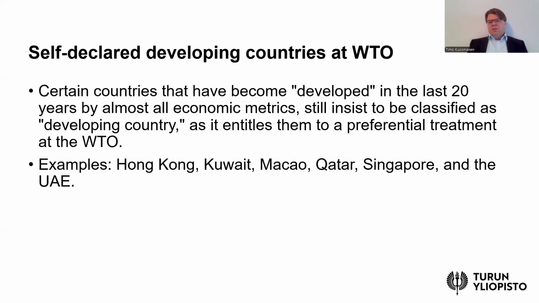For example, oil-producing countries such as Kuwait, Qatar, or the United Arab Emirates could, by GDP per capita and many other economic metrics, be classified as developed countries.